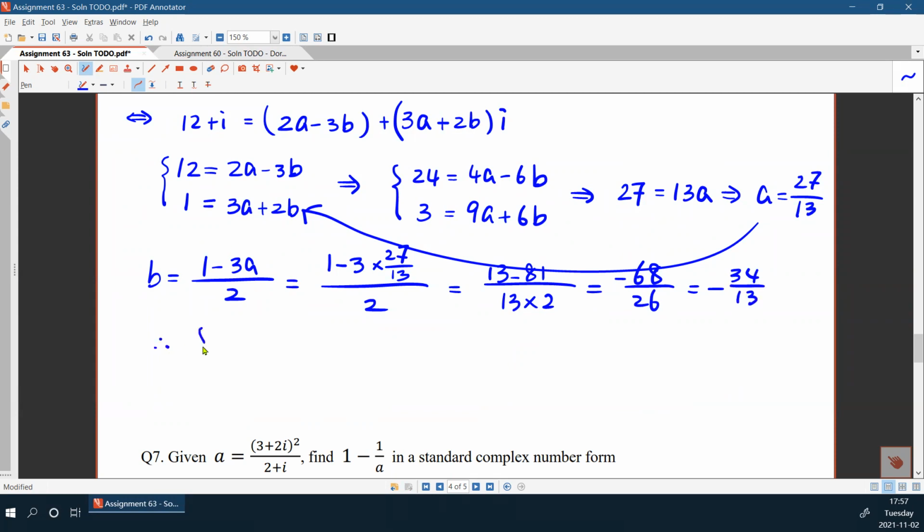And therefore, the solution is a equals 27 over 13, b is minus 34 over 13.